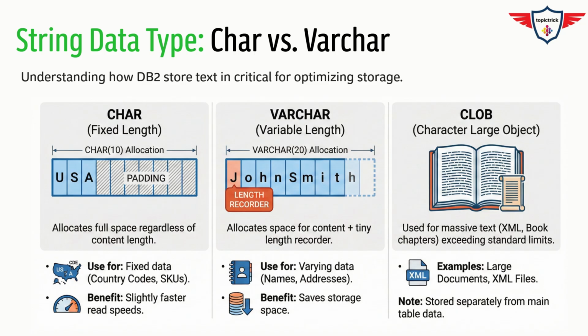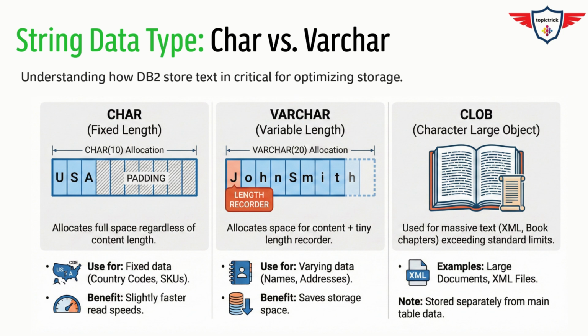Variable character, written as VARCHAR, stands for variable length. If you define a column as variable character 100 and store Tom, DB2 only uses space for Tom plus a tiny bit of overhead to record the length. It saves space. So why not use variable character for everything? Well, the fixed character type is slightly faster for the database to read because the rows are predictable.